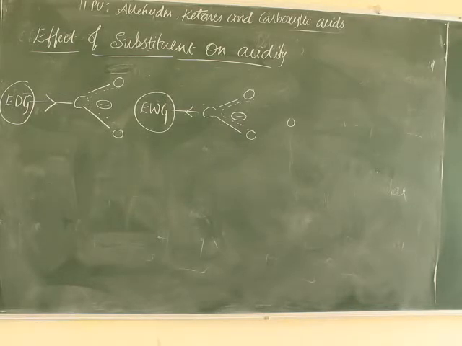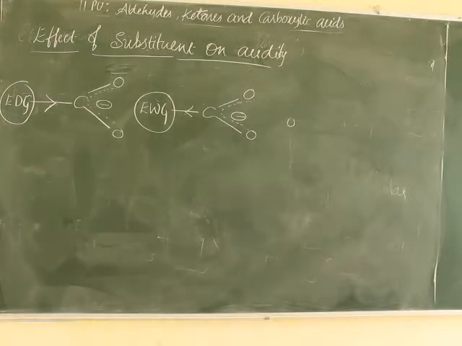But if an electron withdrawing group is present, it stabilizes the conjugate base by delocalization of negative charge. This delocalization of negative charge takes place by inductive effect or by resonance effect.